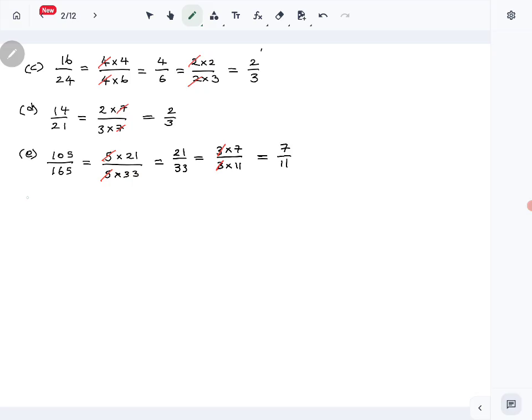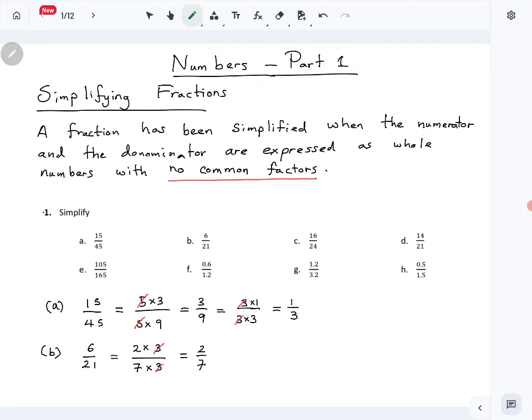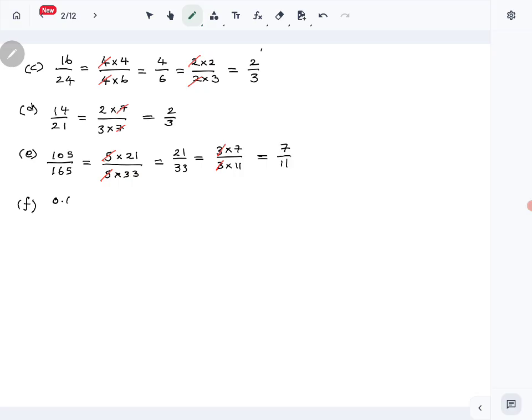Then next one. 0.6 over 1.2. Let's first convert this into whole numbers. We want whole numbers, not decimals, in the numerator and the denominator.